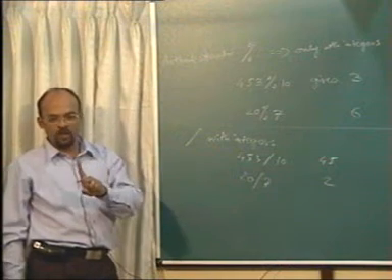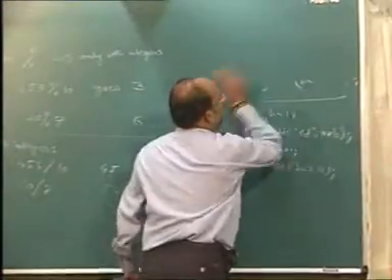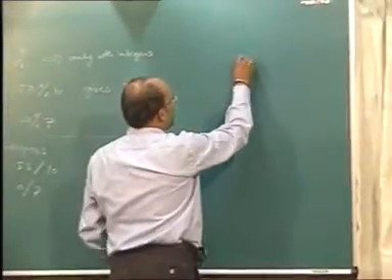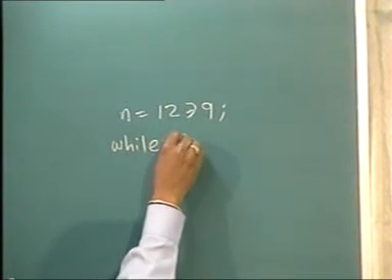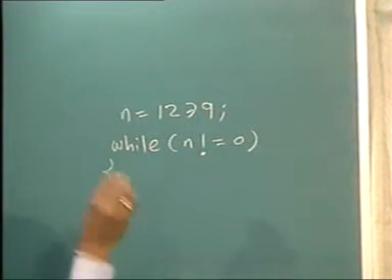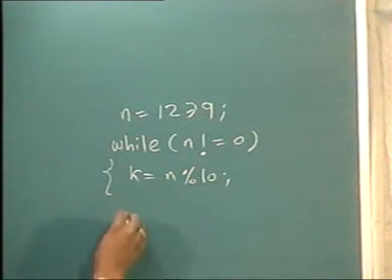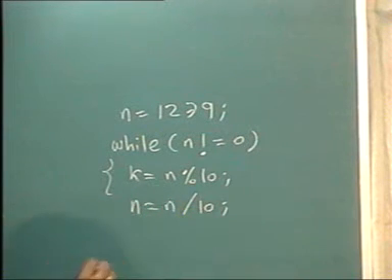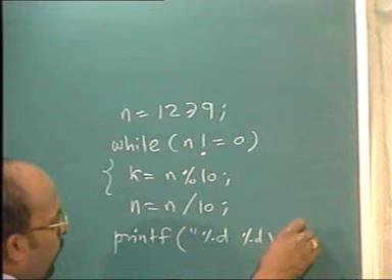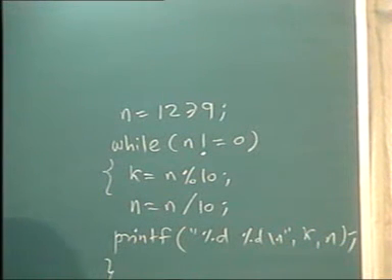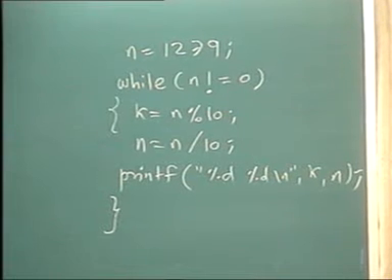I am going to give you one piece of code. You are supposed to tell me the output. n is 1279, while n exclamatory mark is not.